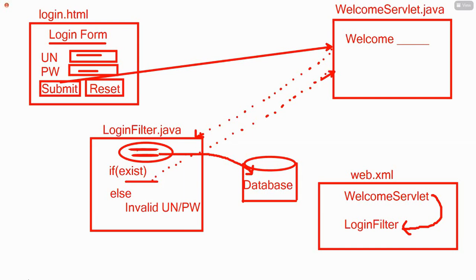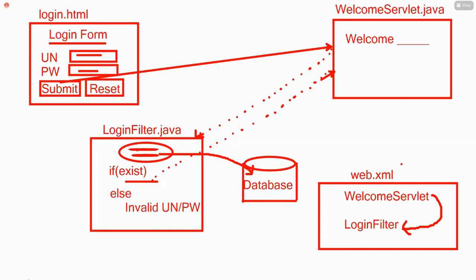Because of dynamic dispatching, this filter is not only for this welcome servlet; the filter can be applied to the mail servlet, to the chart servlet, and to the shopping servlet. What we will do is configure it in the XML.